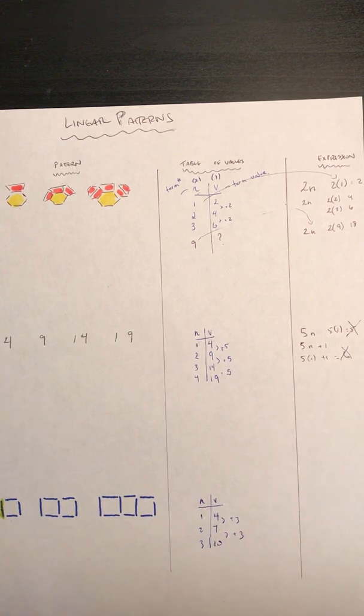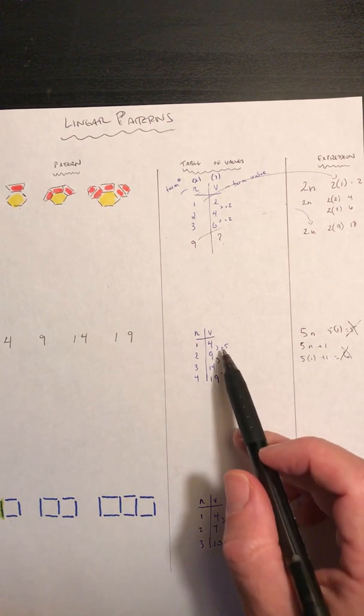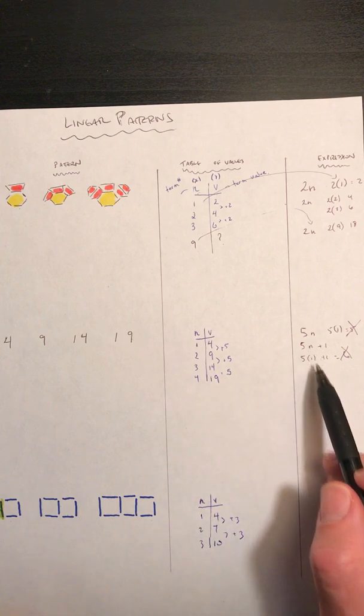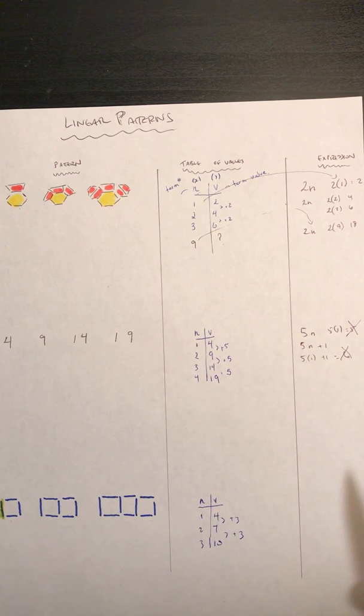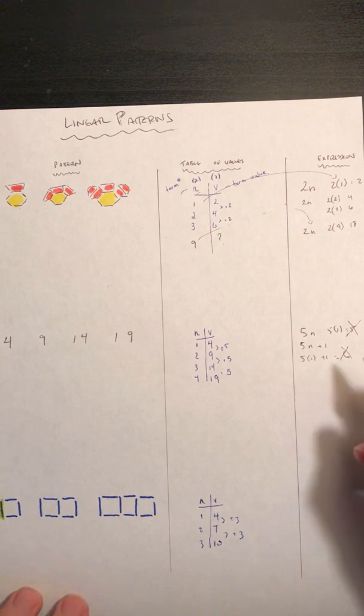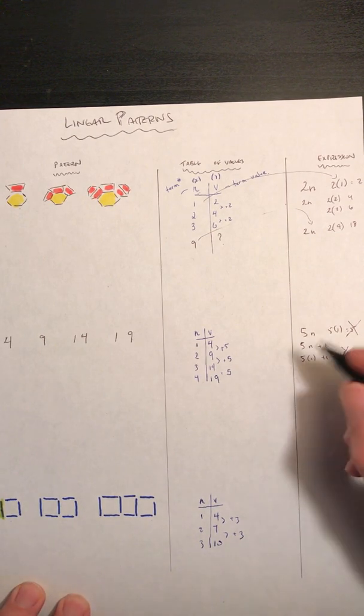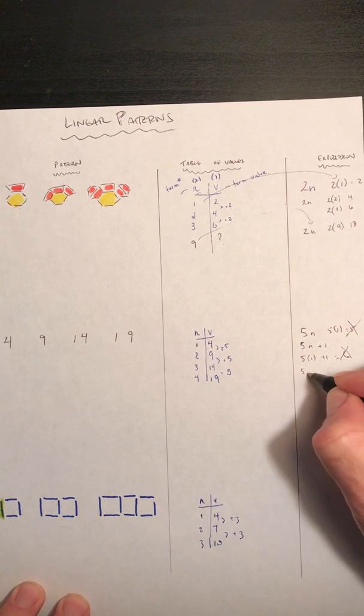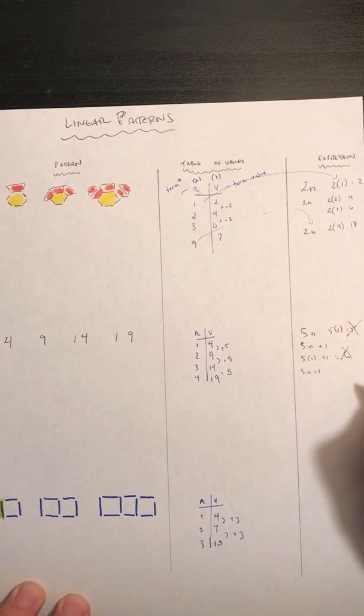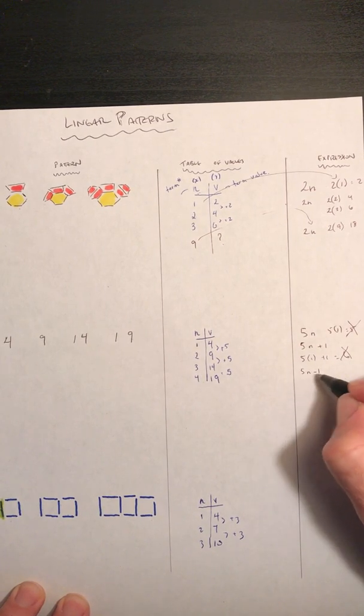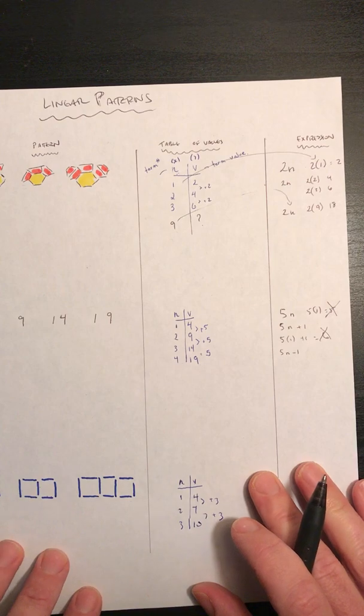Right now we're using the difference between the values as a coefficient, and now we're just fiddling around with guess and check to find an expression that works here. What if we did 5n minus 1? Let's try that. So 5n minus 1.